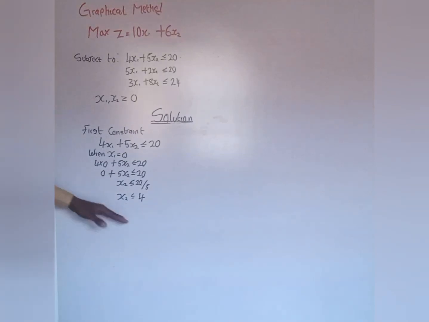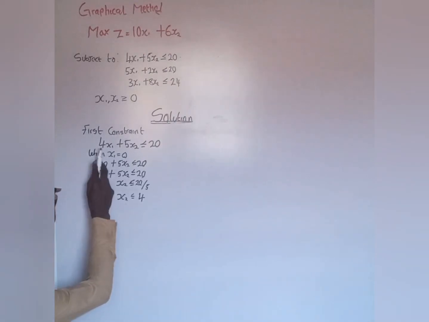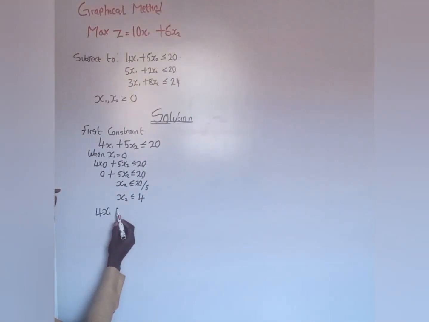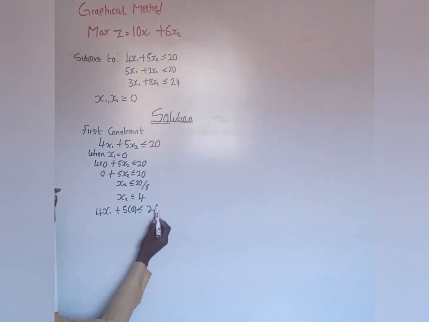Okay, now we have gotten x2 for the first constraint. Now let's proceed to get our x1. If you want to get the value of x1 for this inequality, you set x2 to 0. So we have 4x1 plus 5 into bracket 0 is less than or equal to 20.